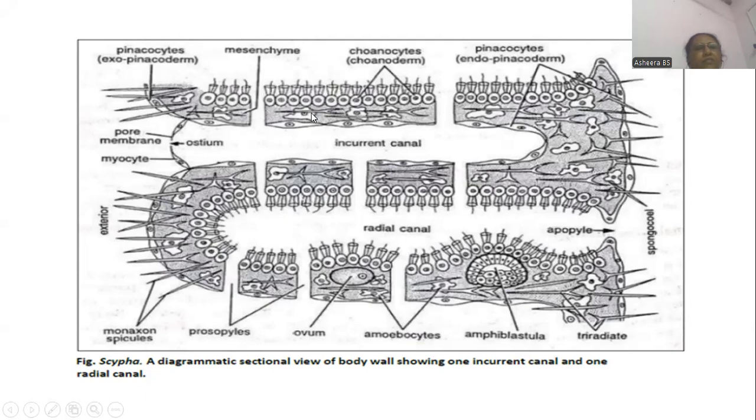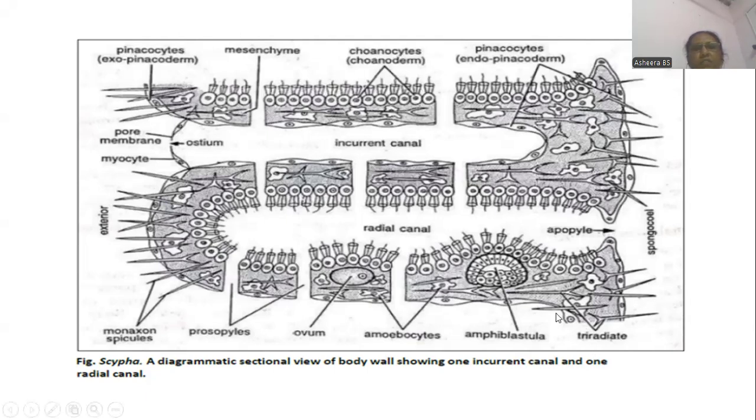And in between the pinacocyte and the conocyte is the mesoglea. In the mesoglea, you can see the amoebocytes are present, and you can see the spicules are present. These spicules are of different types. Some are monoaxon spicules, some are triaxon, triradiates, or even tetraradiates are also seen.